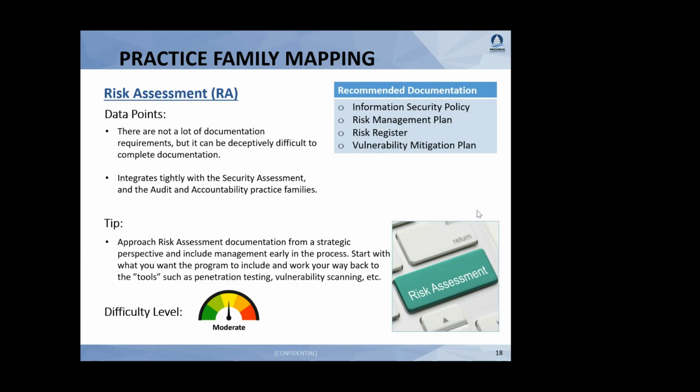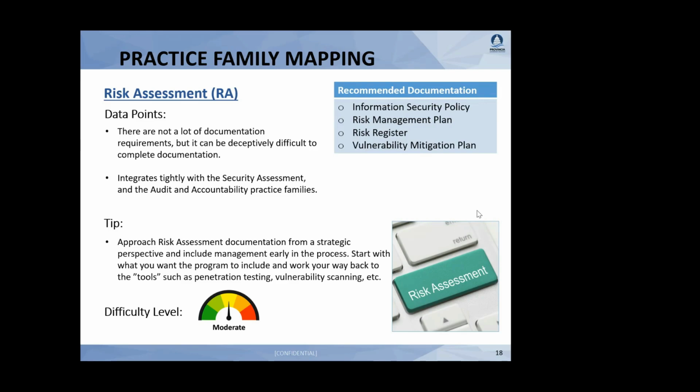So you want to make sure you document all of those different tools. And then you also need to have an ongoing aspect to it, you know, kind of that continuous monitoring aspect to it, which is where your risk register would come into play, right? And then you also need to have a vulnerability mitigation plan or vulnerability management plan, however you want to say that, to make sure that when you're identifying things that cause risk to the organization, you have a way to go through and to mitigate those vulnerabilities and reduce that level of risk to an acceptable level inside of your organization.